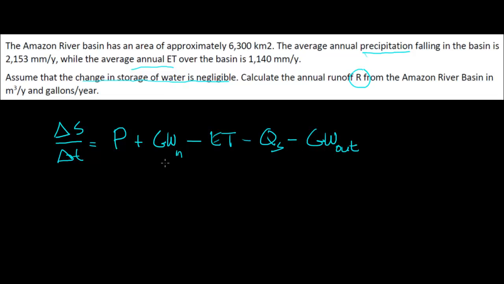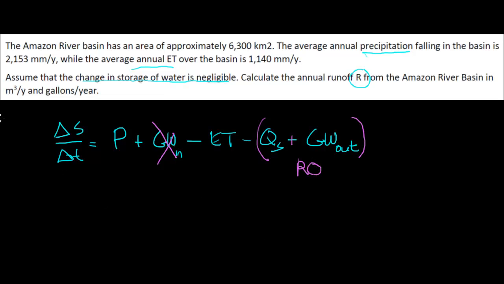And recall that we often assume that the groundwater in is essentially negligible. We ignore it. In this particular case, well, we'll come back to that. So we ignore groundwater in and we lump these two terms here into what we call runoff.